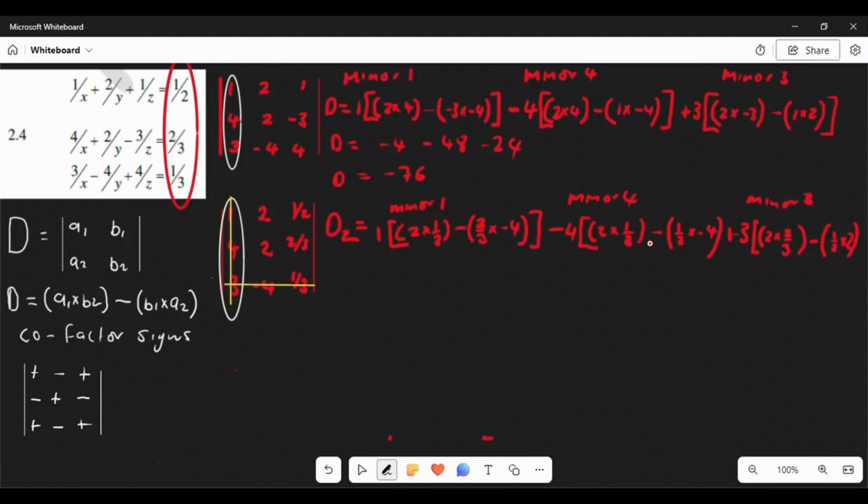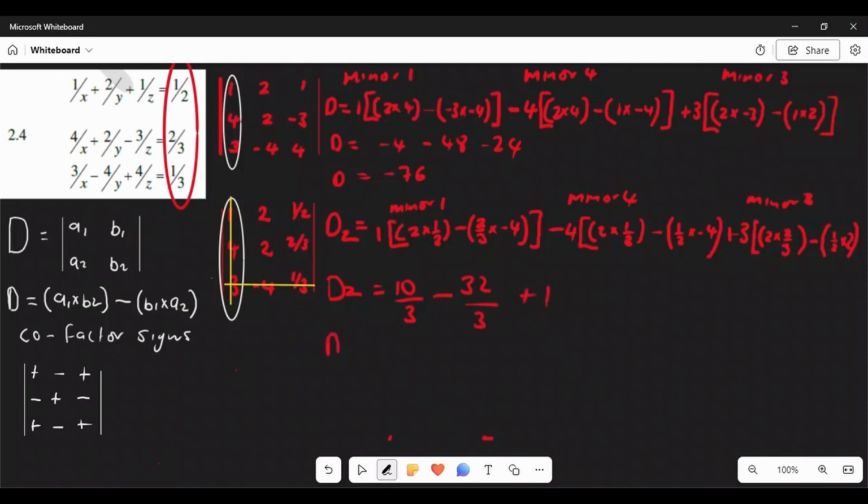When you put this on your calculator, you need to be very careful, guys. Like I said, always try to write them one by one. For the first minor, which is 1, it's going to be 10 over 3, minus the second minor, which is going to be 32 over 3, and then the last one is going to be 1.